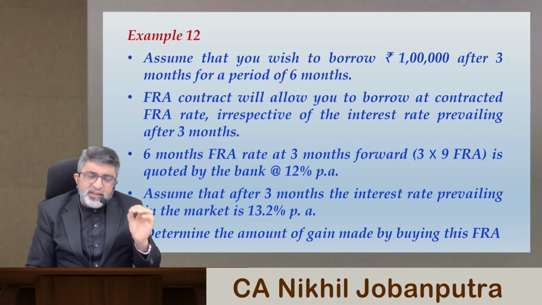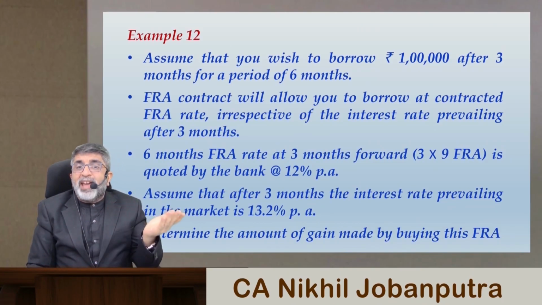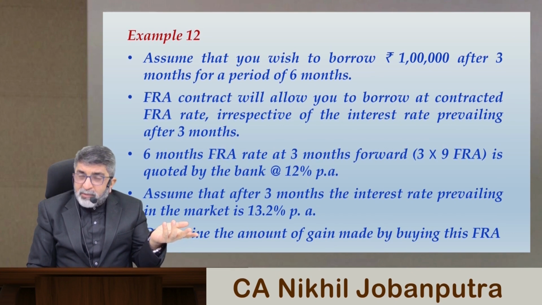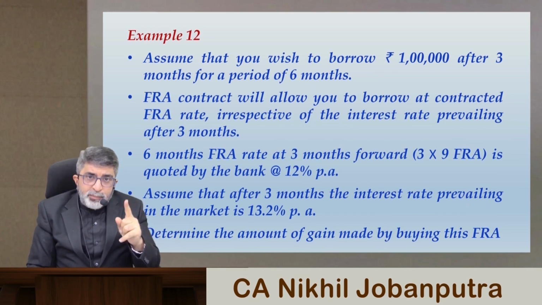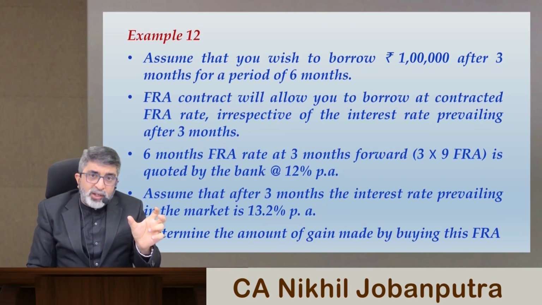I will simply say 1 lakh rupees is the notional principal. Suppose you would not have entered into this FRA. Then you would have borrowed at whatever rate is prevailing in the market, which is 13.2% per annum. 13.2% is the annualized rate. You want to borrow only for 6 months.